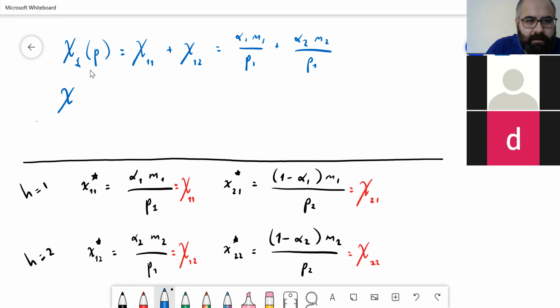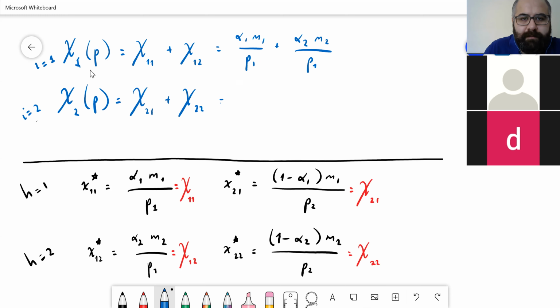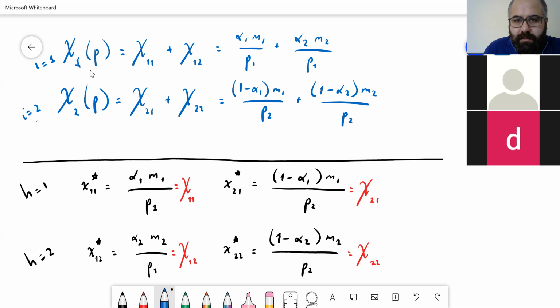Okay, similarly, this is for I equal 1, right? And this is for I equal 2. So I have chi 21 plus chi 22. Okay, so chi 21 is 1 minus alpha 1 M1 over P2, and I have 1 minus alpha 2 M2 over P2. Okay, these are now total demands.